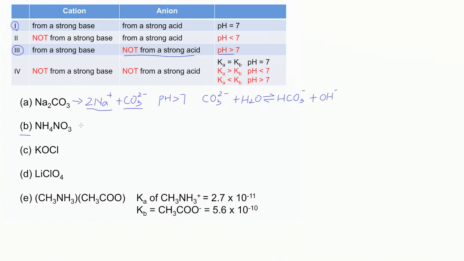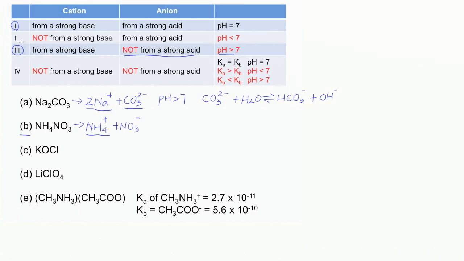Example B, ammonium nitrate. Ammonium nitrate dissolves in water to give you ammonium cation and nitrate. So again, when you check those two ions, ammonium is not from any one of the strong bases we remembered.